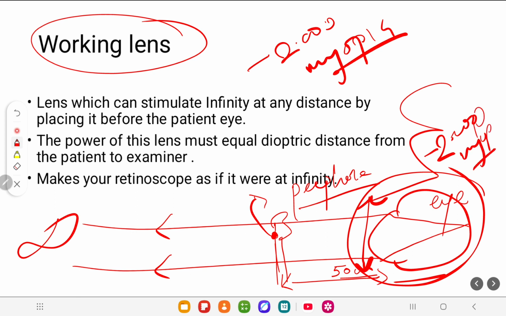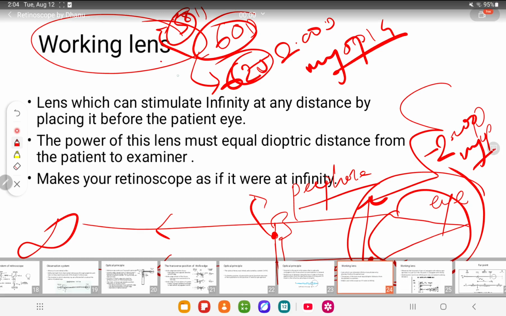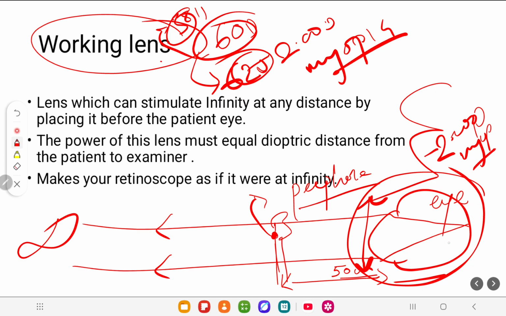Consider 60 diopter as emmetropia, then 62 diopter is myopia, and 58 diopter is hyperopia. So it's simple. This eye has 60 diopter and you put plus 2 diopter because your retinoscope is at 50 centimeters. That makes a total of 62 diopter, which is 2 diopter myopic, and the 2 diopter myopic eye has its far point at the peephole of the retinoscope, and then voila, we get what?